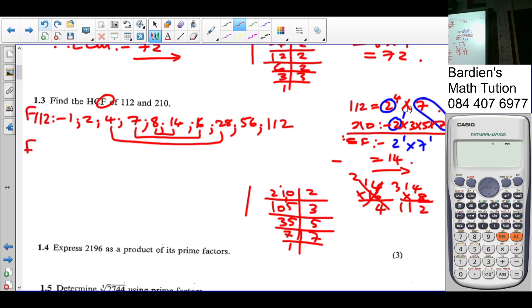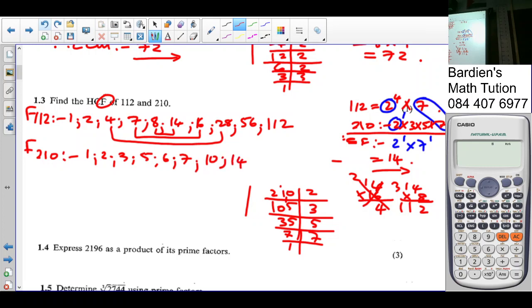What are the factors of 210? 1, 2, 3, 5, 6, 7, 10, 14.